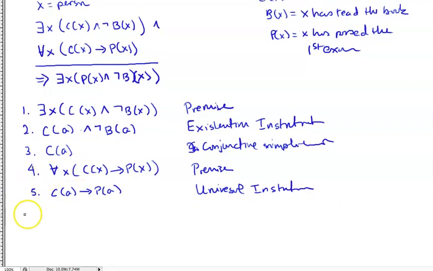Okay, now we can see that I can put together 3 and 5. If we put together 3 and 5, Ca, therefore Pa. This is the law of detachment, therefore Pa.